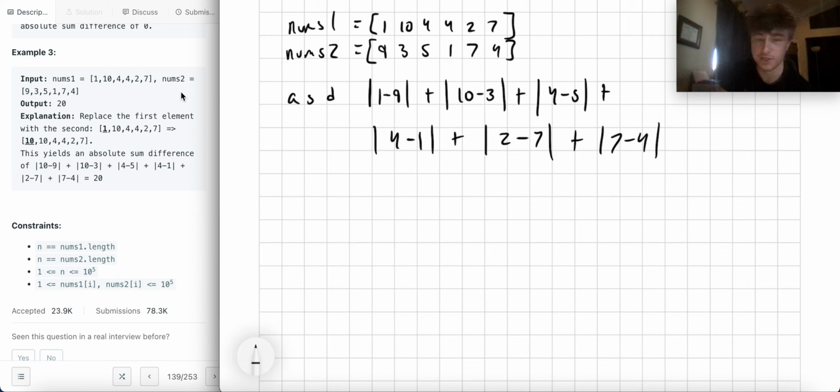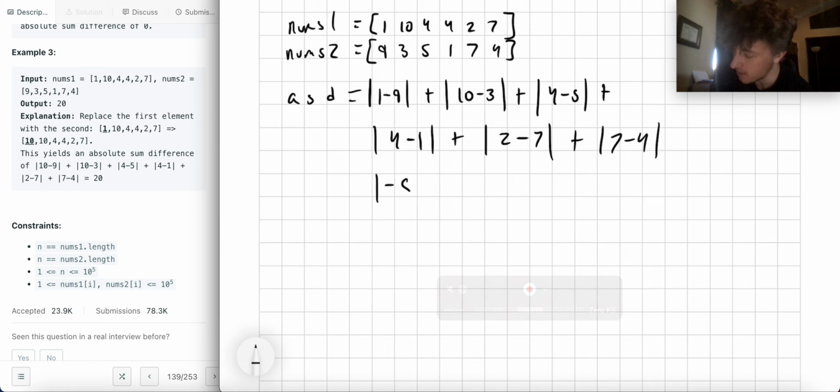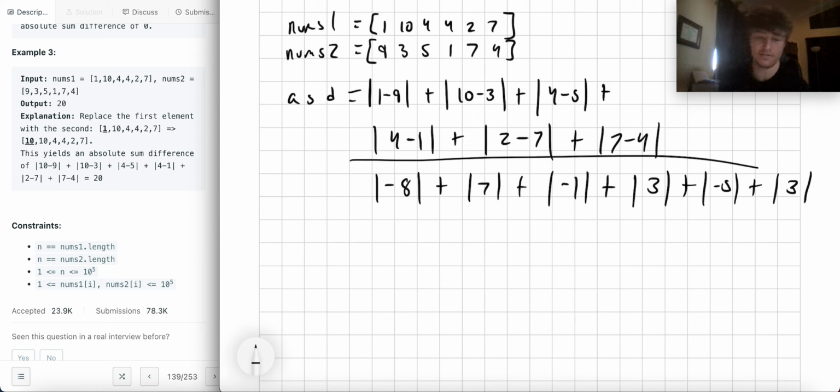You'll notice there's some weird exchange going on, and we'll speak about that in a second. 1 minus 9 is negative 8, so the absolute value of negative 8, plus the absolute value of 7, plus the absolute value of negative 1, plus the absolute value of 3, plus the absolute value of negative 5, plus the absolute value of 3. And the absolute value basically just gives the positive version of whatever it is, right?